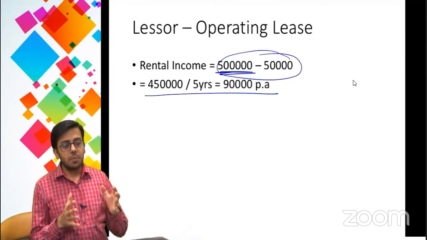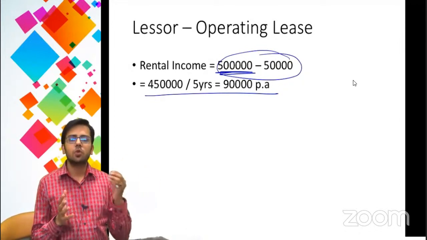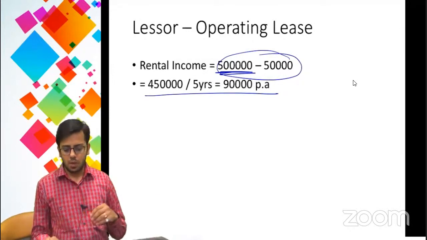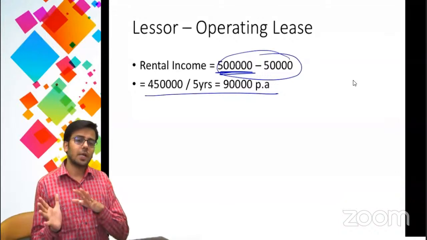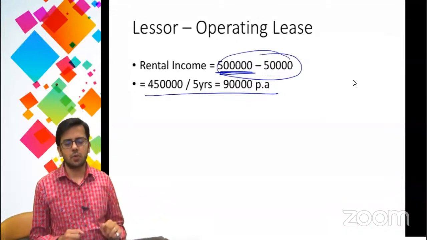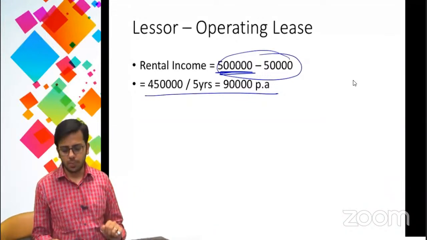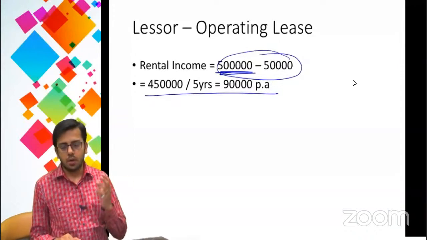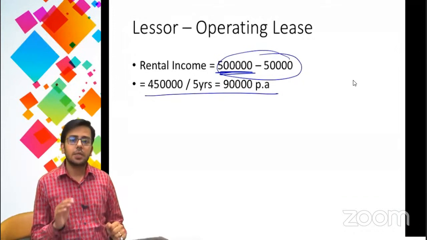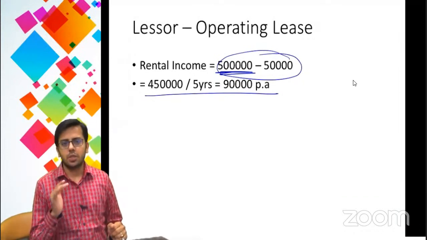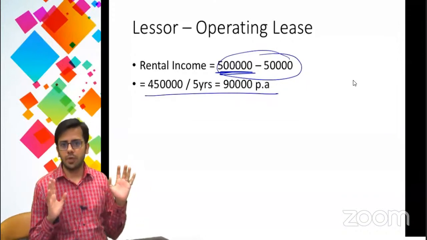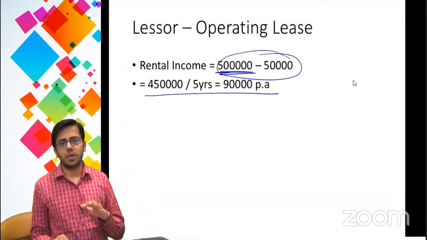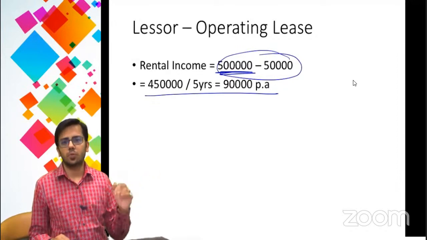If the asset's major economic life is going to be used by the lessee, or the present value of whatever the lessee is going to pay you is almost equal, meaning 90% or more, to the fair value of the asset, then it is considered to be a finance lease, because the lessee is going to use the major economic life or has almost paid you the fair value of the asset. If that is not the case, we consider it to be an operating lease.